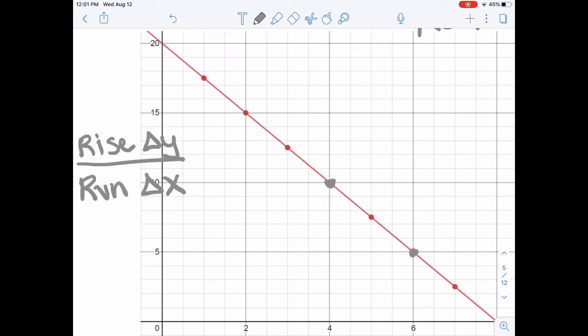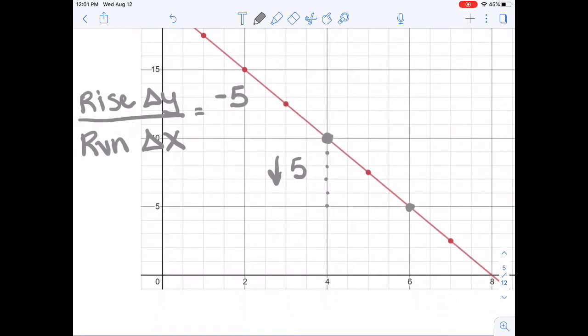And let's take a look at our rise, our change in y. So if I start here, I'm going down 1, 2, 3, 4, 5. Because I went down 5, I decreased by 5. I'll write that as a negative number. Now let's take a look at our run. Here, every 2 boxes, I'm increasing by 1.